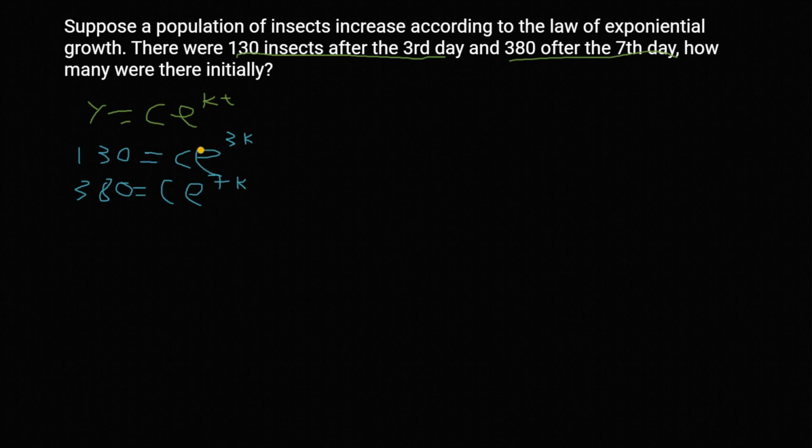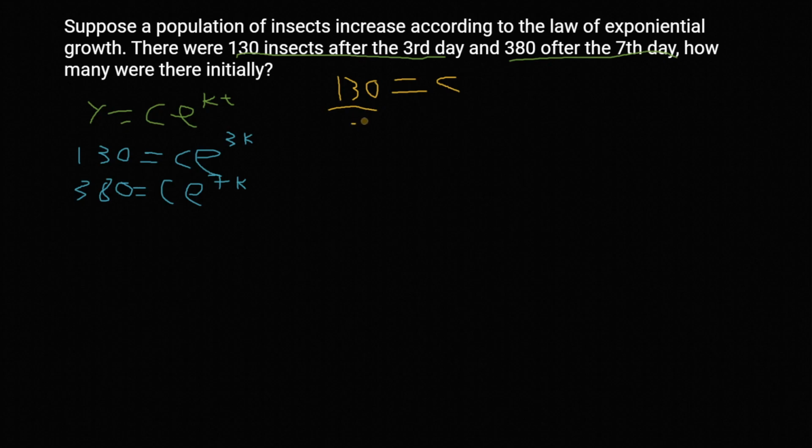So if I said 130, I'll just do the top one because I wrote it first. And then to solve for c, we're going to just say c is equal to this and divide both sides by e to the 3k.